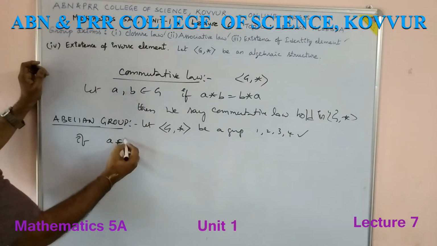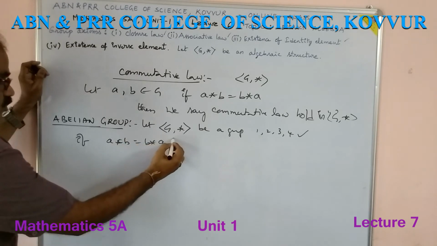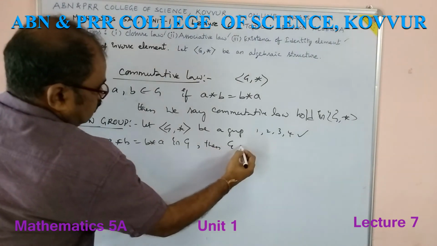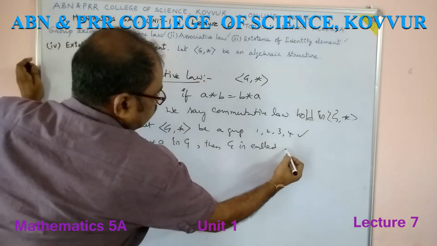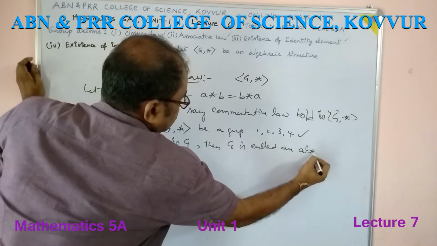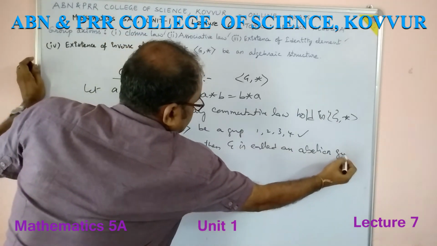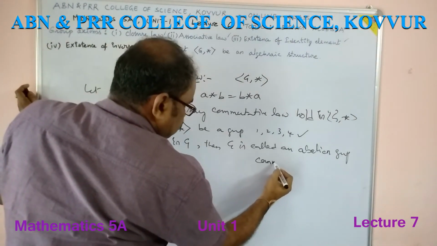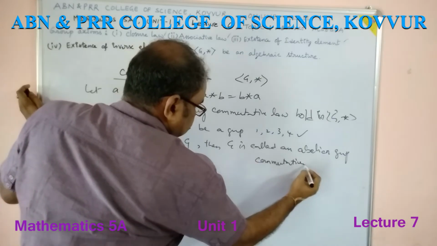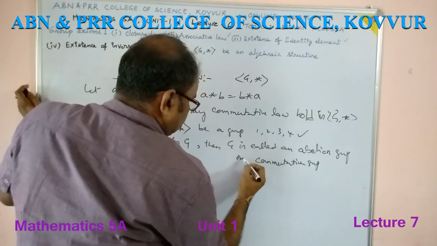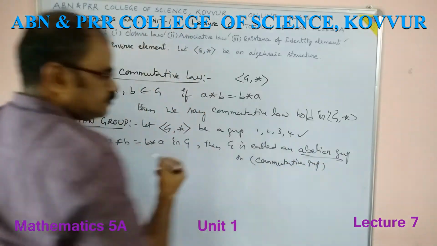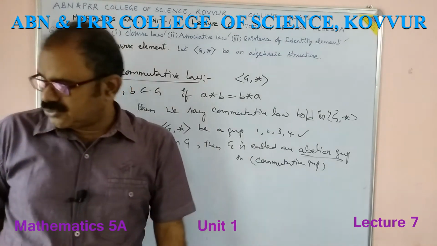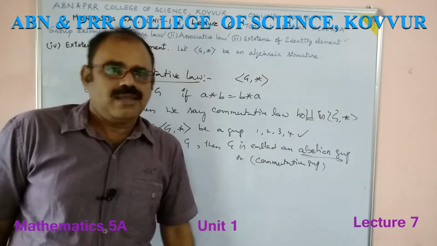If A star B is equal to B star A, then G is called an abelian group. It is also called a commutative group. Since the commutative law is satisfied in the group, that group is said to be a commutative group or abelian group.